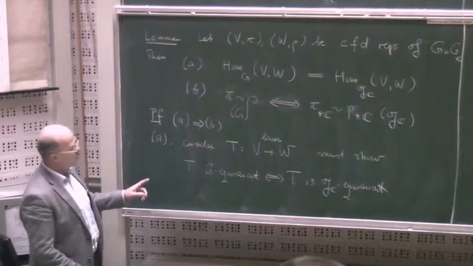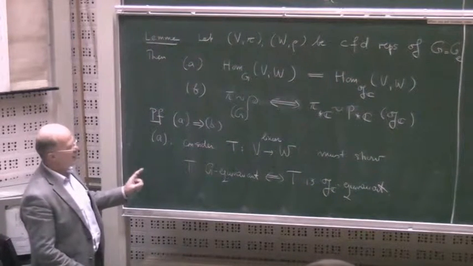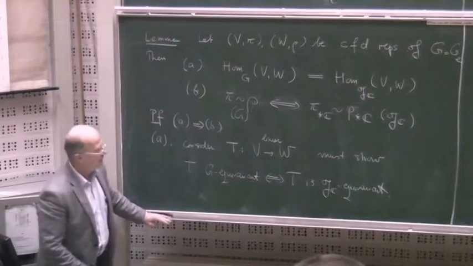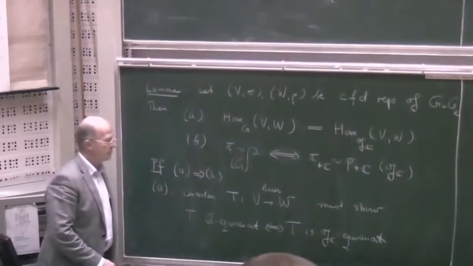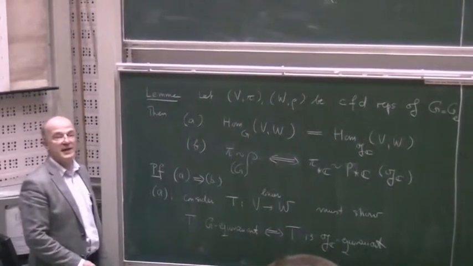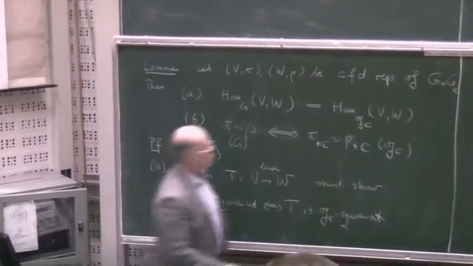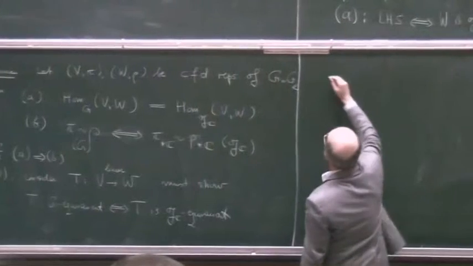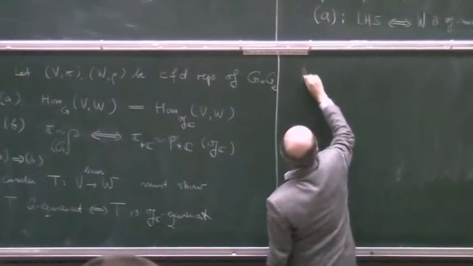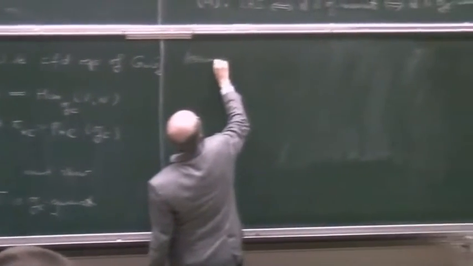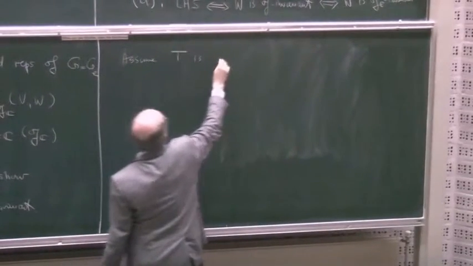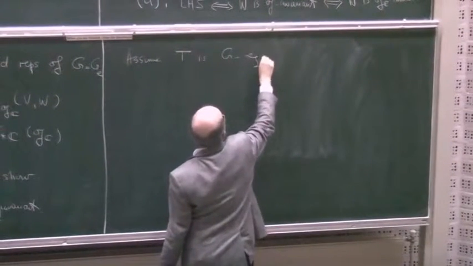Okay, let's look at the implication from left to right, and then I'll make a brief comment about the implication from right to left. So assume that T is G equivariant.